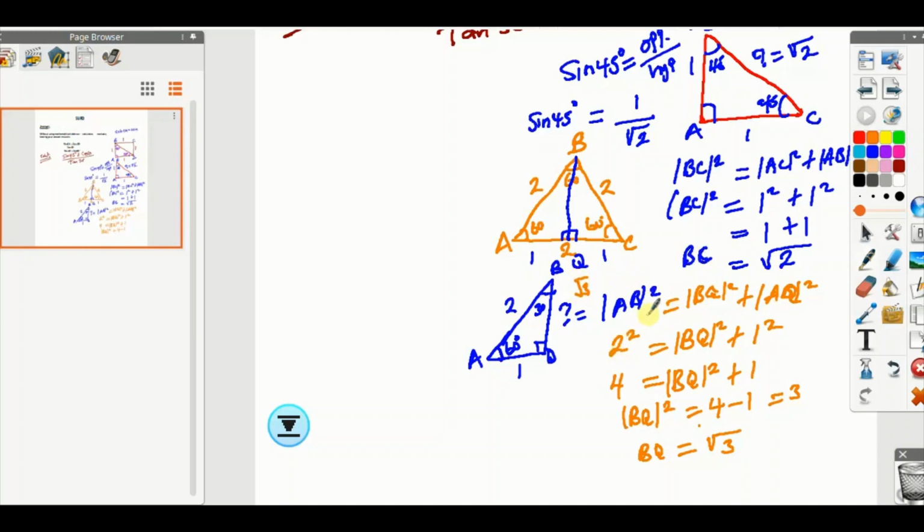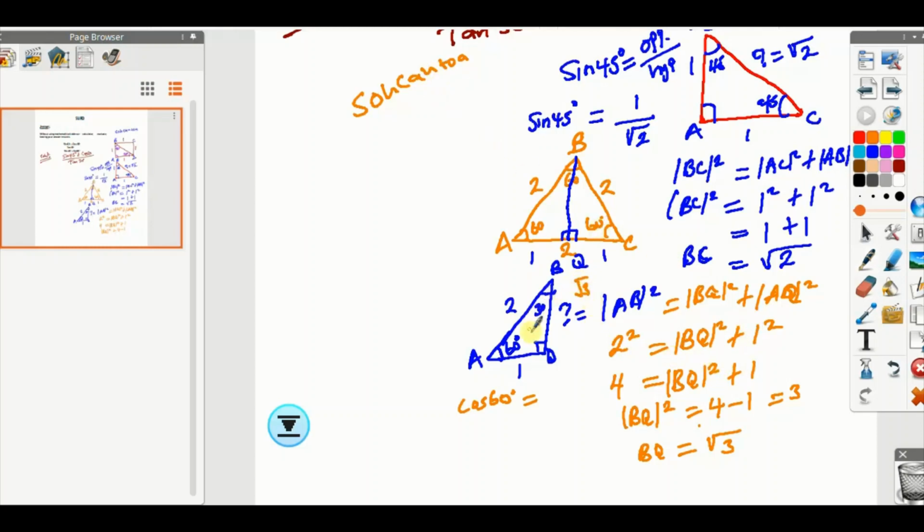Right? So now let's use our cos 60 now. You remember that, let's write it back again. So from here now, this is SOHCAHTOA. So we have our cos, which is adjacent over our hypotenuse.